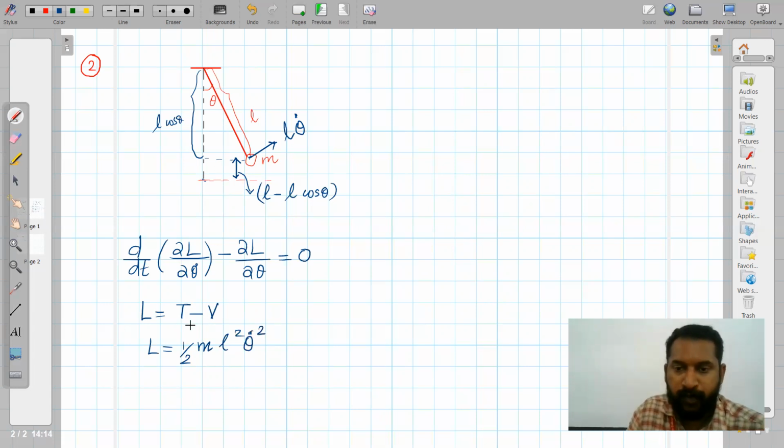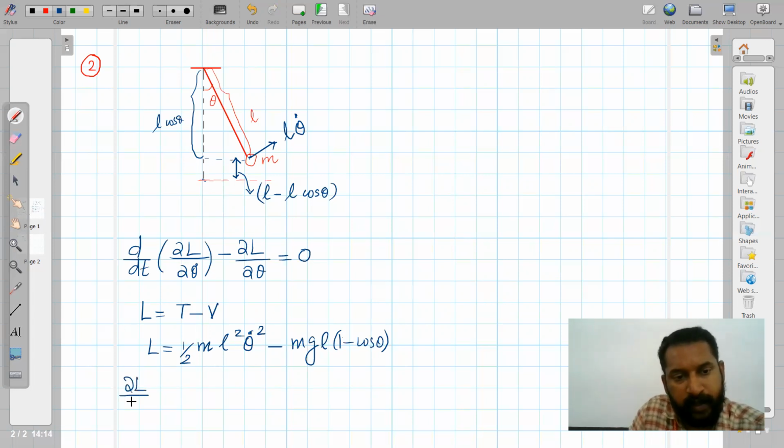That is why I mentioned what you need is the velocity, minus potential energy. Potential energy is mgh, since it is a gravitational potential energy. But here h is L into 1 minus cos theta. This is the Lagrangian of this simple pendulum.